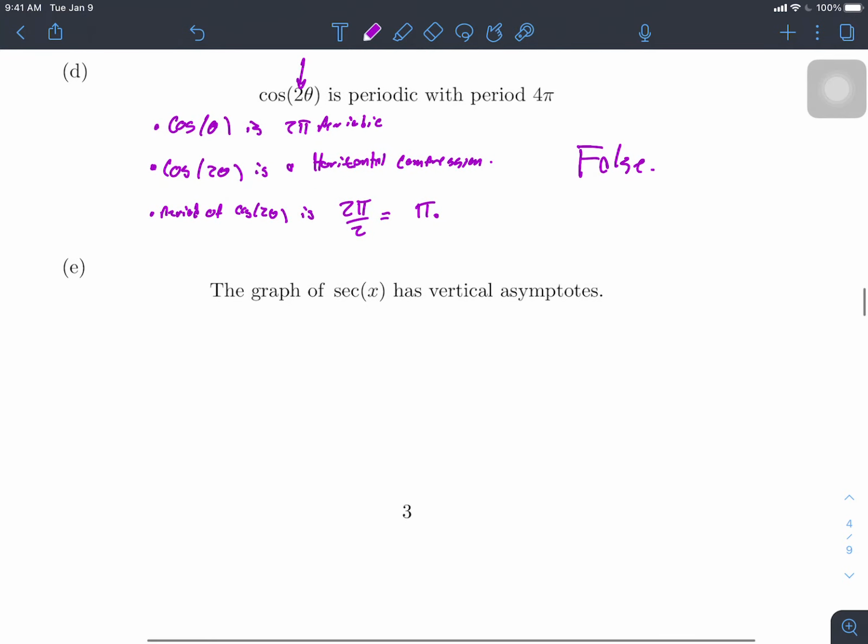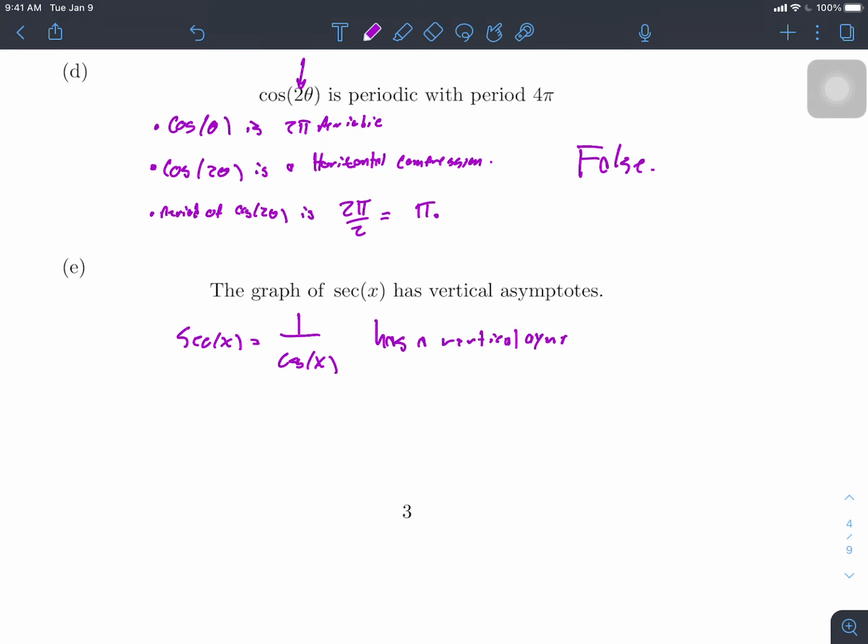And then the last one is asking whether the graph of secant x has vertical asymptotes or not. Well, you know secant of x is equal to 1 over cosine of x, and this is going to have a vertical asymptote whenever cosine of x, our denominator, is equal to 0.